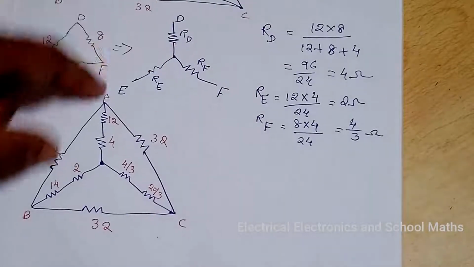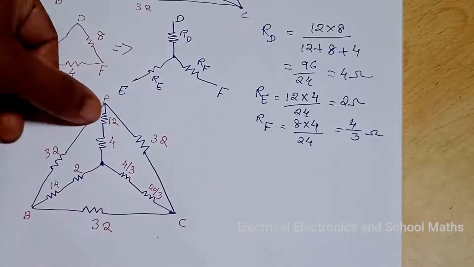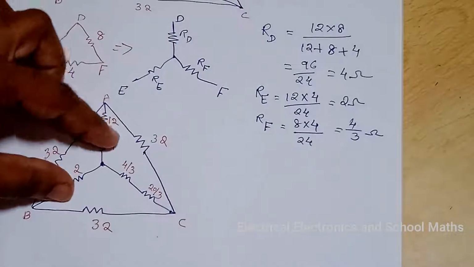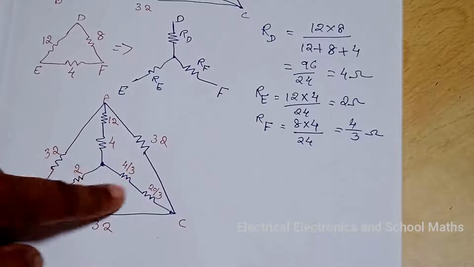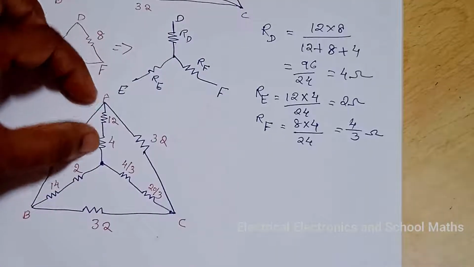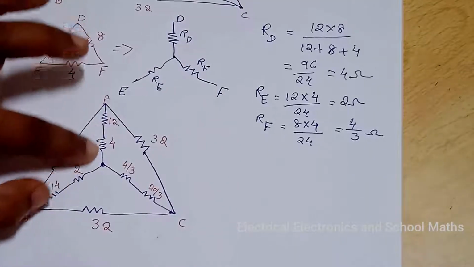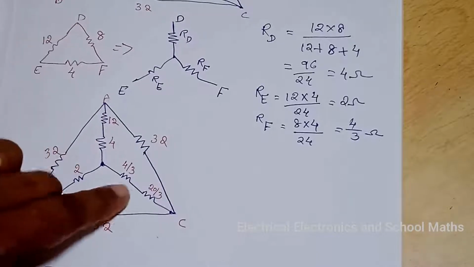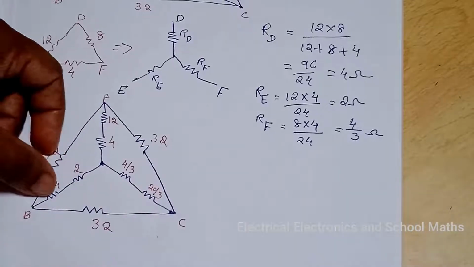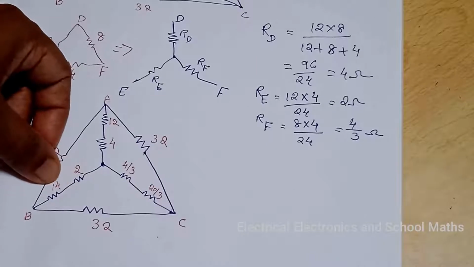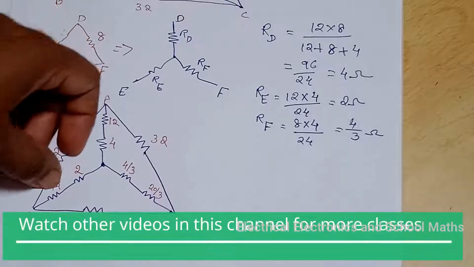After rearranging, we get like this. This is the new star connected network, and here these two resistors are in series. Here also these are in series. Here also this 14 and 2 ohm are in series.